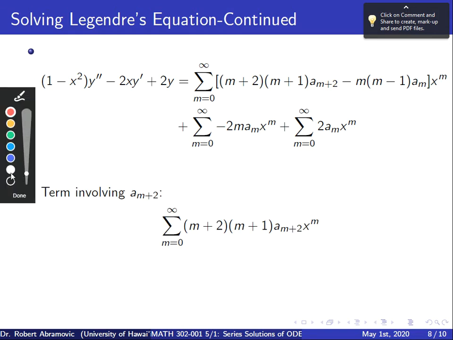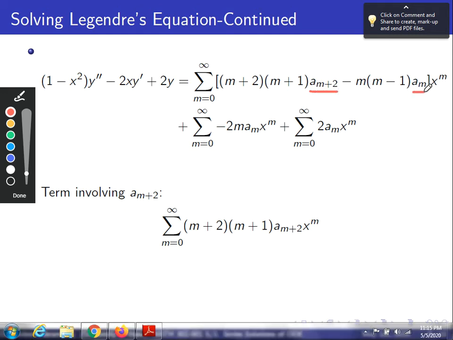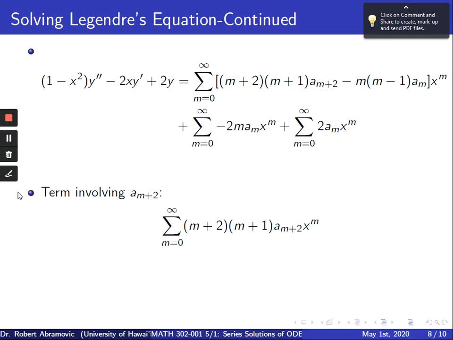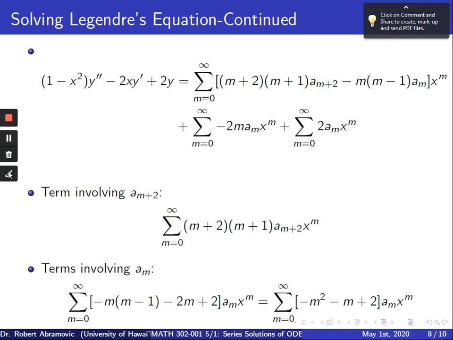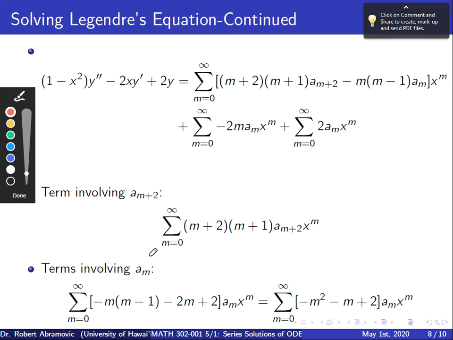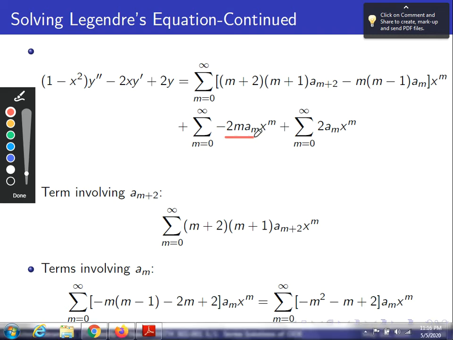Now when we do that, we also need to worry about terms involving a sub n plus 2 and terms involving a sub m. What's a term involving a sub n plus 2? A sub n plus 2 times (n plus 2) times (n plus 1). This is the only term that involves a sub n plus 2. What are the terms that involve a sub m? There's this term, negative m times (m minus 1). There's this term, negative 2 a sub m.